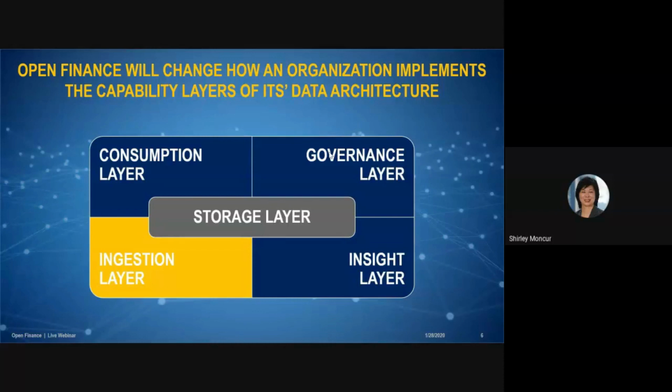The ingestion layer may receive data in a number of different modes. You can stream it from the IoT, or Internet of Things. It can come in by batch, real-time, or event-driven. The sources of data will include on-premise, cloud solutions, third-party data aggregators, and now it's going to include open banking APIs.